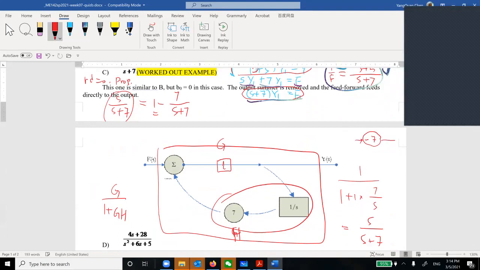Okay, then I have an integrator, and I have pole is 7 here. This will give me minus 7 divided by s plus 7.